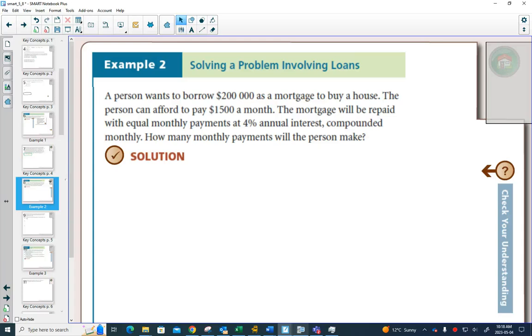Currently in Winnipeg, that's one of the cheaper houses these days. Housing prices have gone up quite a bit. The person can afford to pay $1,500 a month. The mortgage will be paid in equal monthly payments of 4% annual interest, compounded monthly. How many monthly payments will they have to make?